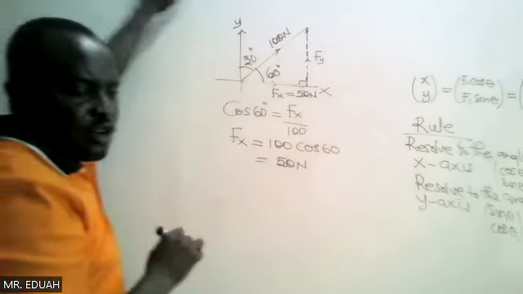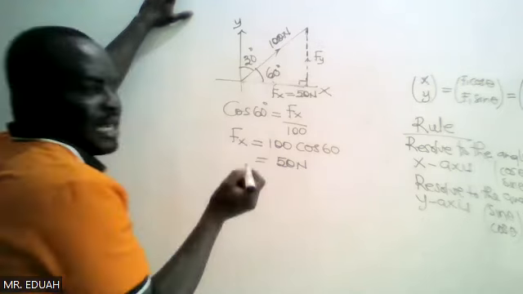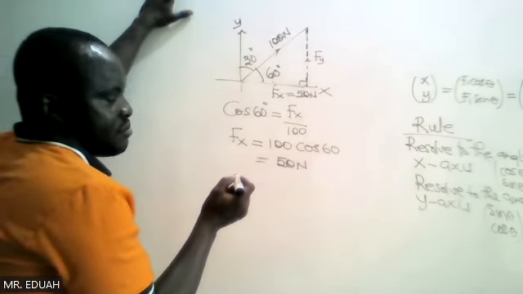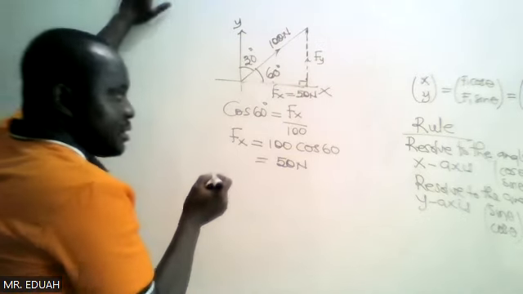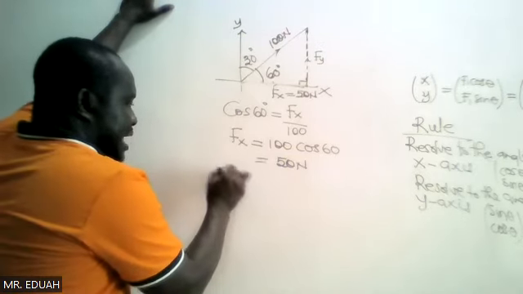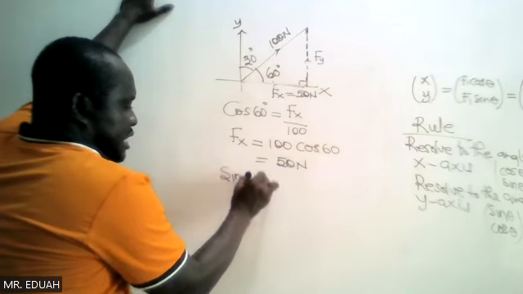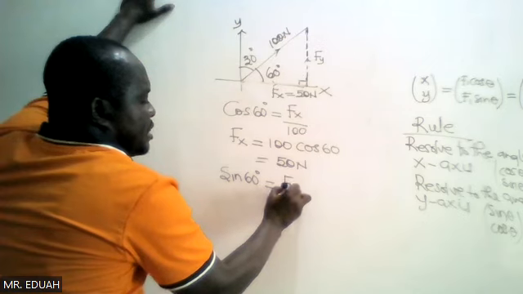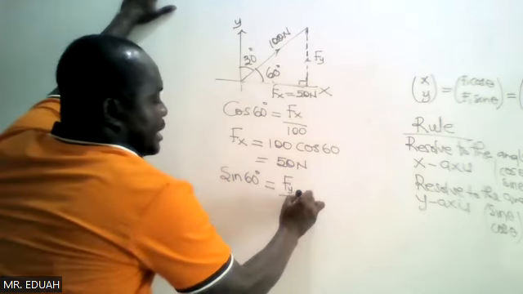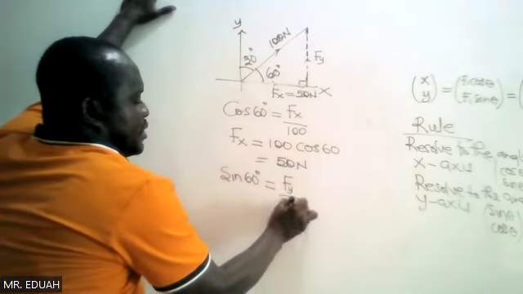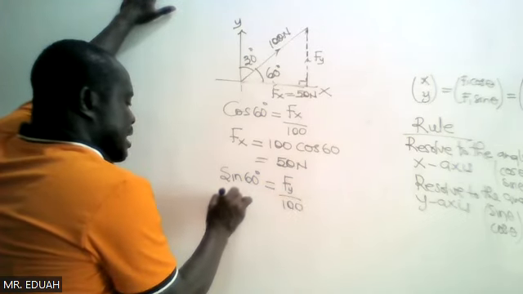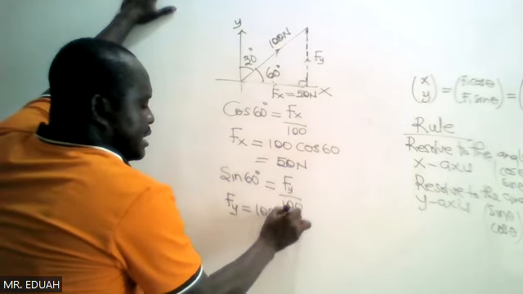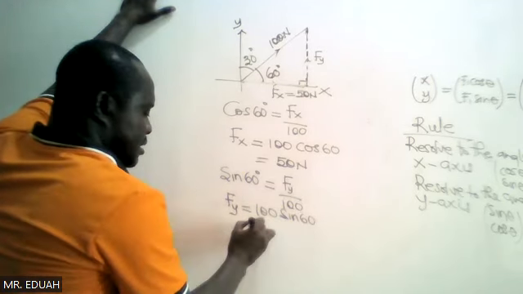Then the vertical component. Clearly, what ratio do we have to use? Sine. So sine of 60 will be the opposite, which is Fy, divided by the hypotenuse, which is 100. If you make Fy the subject, we have 100 sine 60.